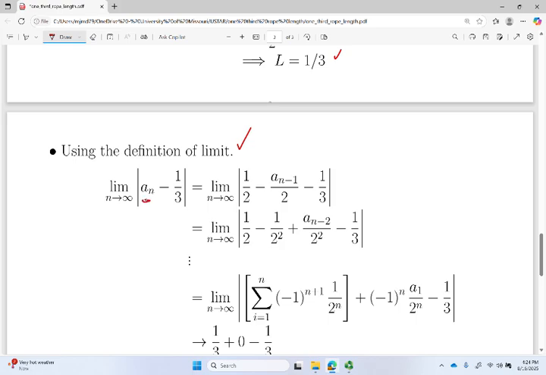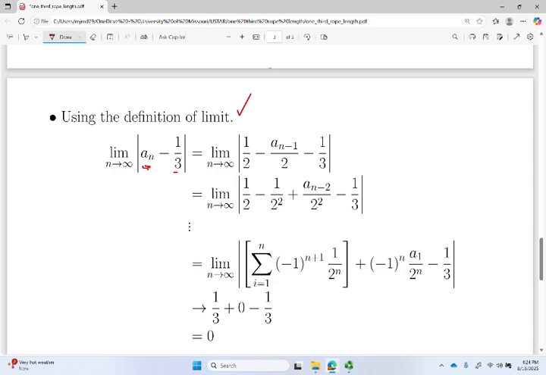So we want to find the limit of this sequence minus 1/3. If that goes to 0, then that shows that a_n, the sequence, limits to 1/3. What I do is keep 1/3 the same, but put in its previous term, which is (1 minus a_(n-1)) divided by 2, and that's the next guess.